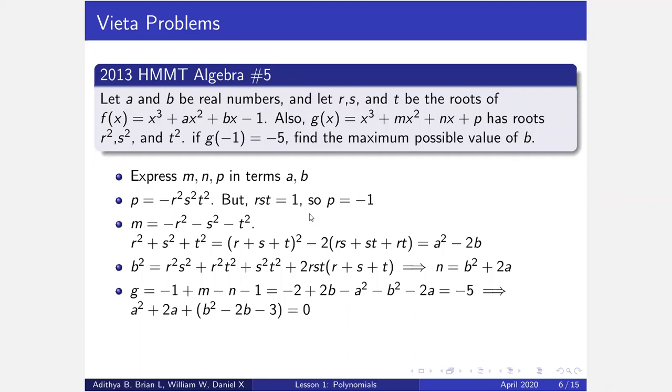And this gives that, if we complete the square, we get a plus 1 squared plus b squared minus 2b minus 4 is equal to 0.